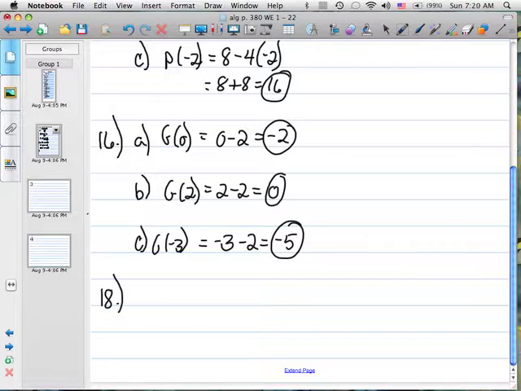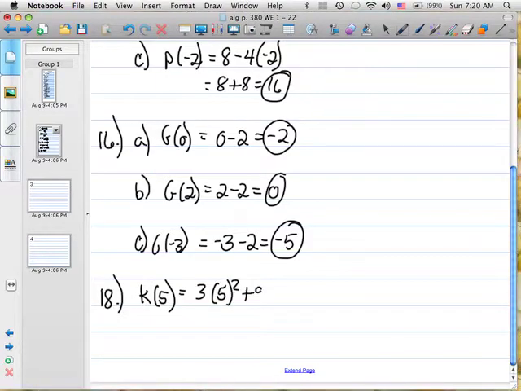Problem number 18 is the function k that takes 3 times t squared plus 9. And we're going to evaluate k at 5. So we're going to take 3 times 5 squared plus 9. 5 squared is 25, and 3 times 25 is 75, plus 9, and that equals 84.